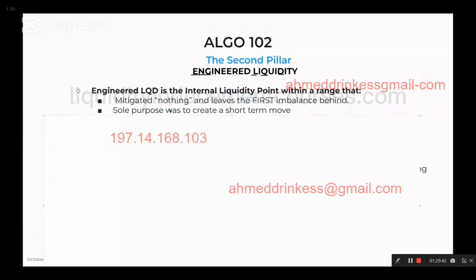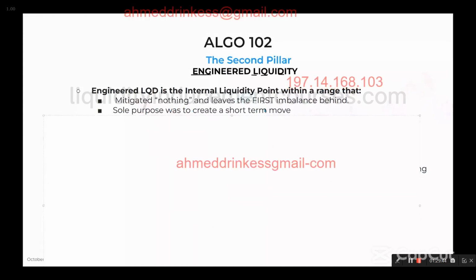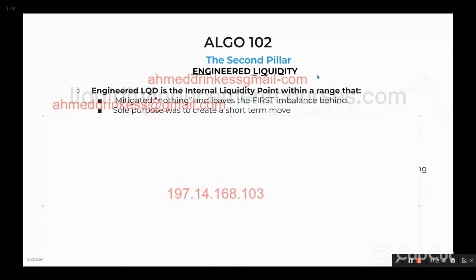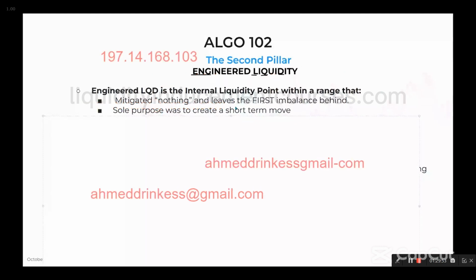The sole purpose was to create a short-term move that'll end up being taken out before the real move. The purpose was to create a short move for the real move to take out.